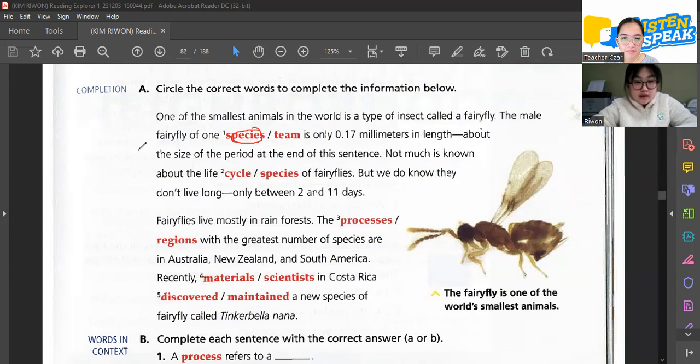Not much is known about the life cycle of fairy flies, but we do know they don't live long, only between 2 and 11 days. Fairy flies live mostly in rainforest.